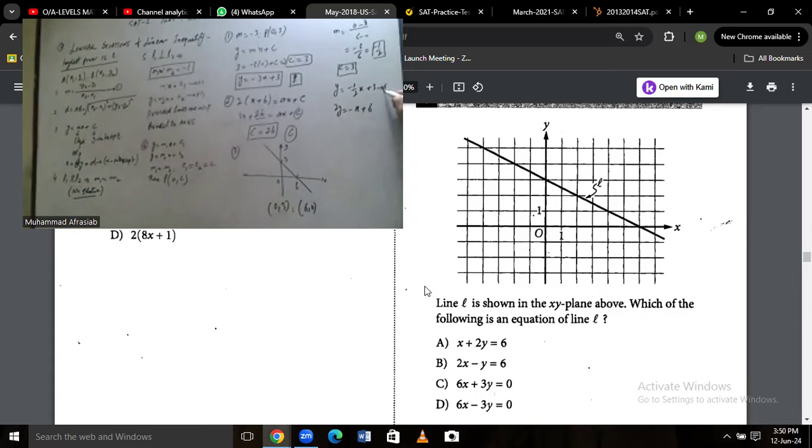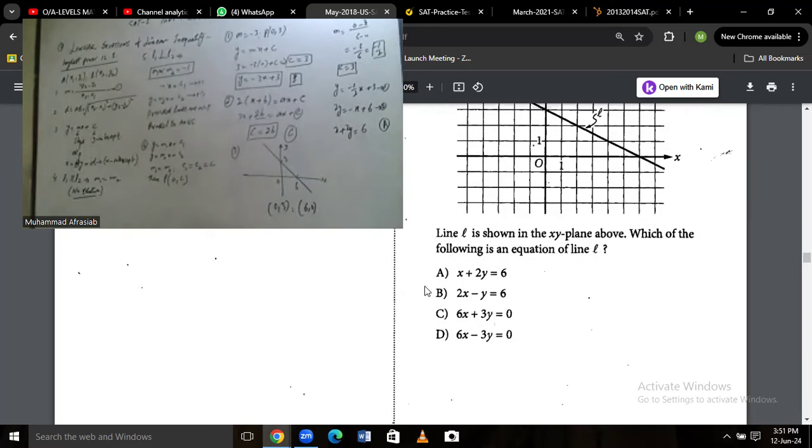So either this or this. So you have to see which is the answer. x plus 2y is equal to 6 is the answer, this A part, whereas the rest of the things are wrong.